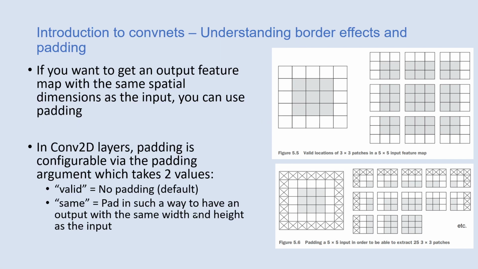Okay, so the other one is same, which means that padding is going to be added in such a way that the output height and width are the same as the input. So in here, we have an input image, and we pad values with 0 or repeating the values at the borders or another value. Okay, so now we can go through the borders because we don't go out of bounds anymore, and we keep the size.